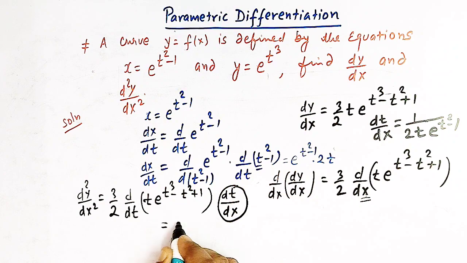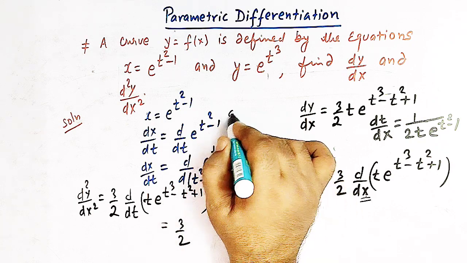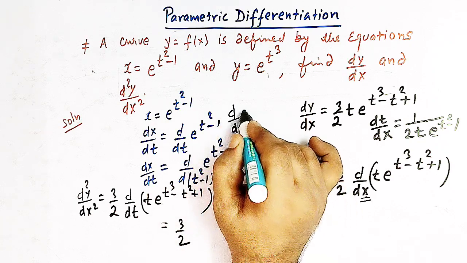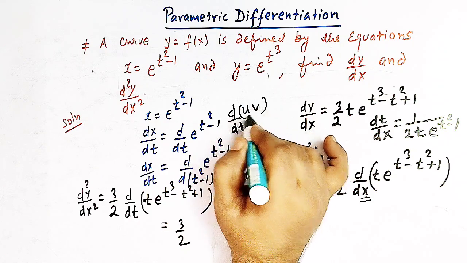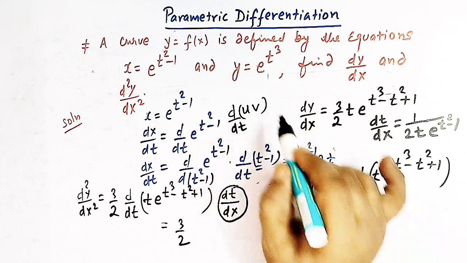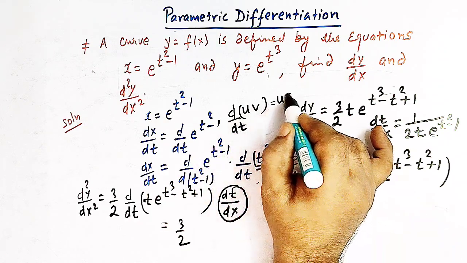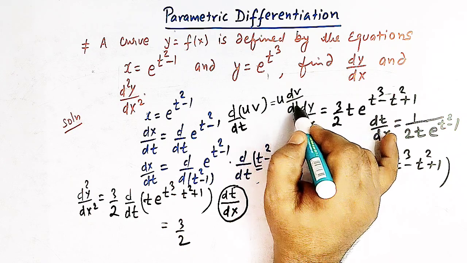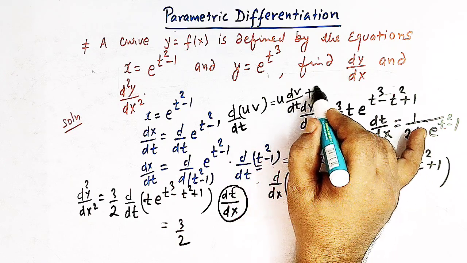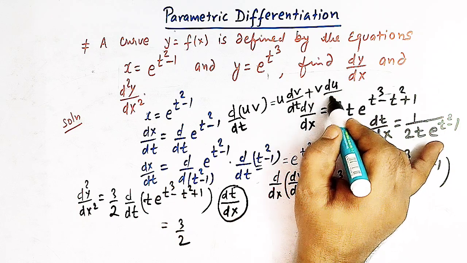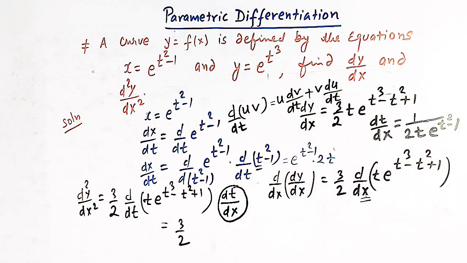So now we have 3 by 2. Here I will use the product rule, that is d by dt of uv. If u and v are functions of t, then we have u, then we have dv over dt, and then we have v and du over dt, right? So we can take the first function u as t and v as the second function, right?